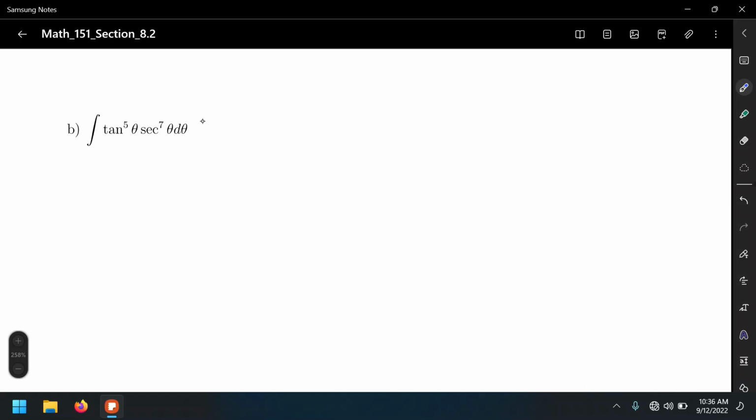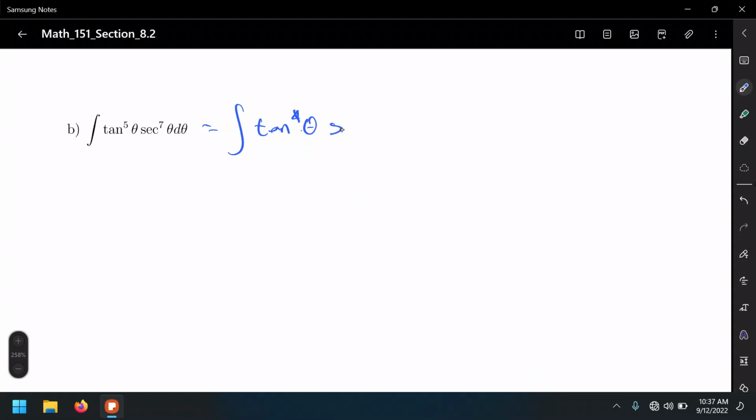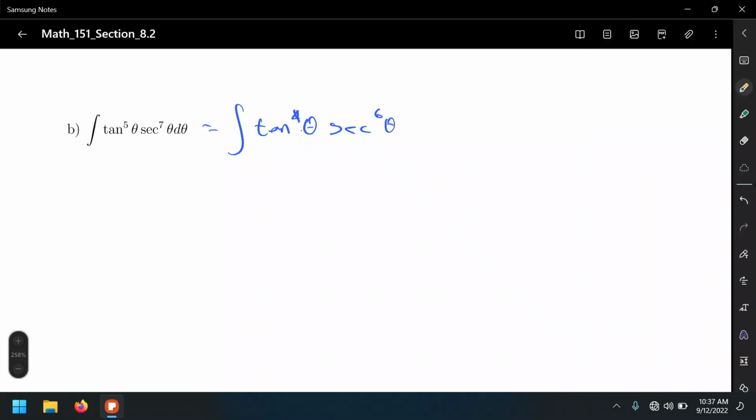So that's going to be equal to the integral of tangent to the 4th, secant to the 6th, and notice how I am saving 1 power of each, secant tangent d theta.